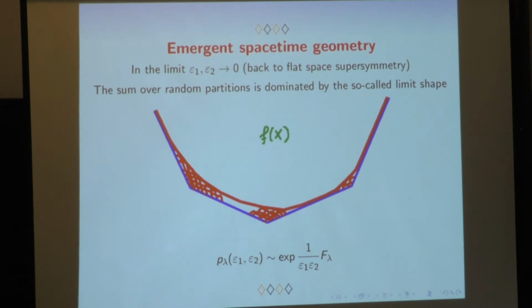Sorry, could I ask, in relation to your initial motivation with gravity? So my theory now with finite epsilons is a quantization of some classical geometry, which is given by the limit shape. There is no reparameterization. It's all gauge fixed. So you can say there is actually a way of formulating this theory in which there is a preferred coordinate.